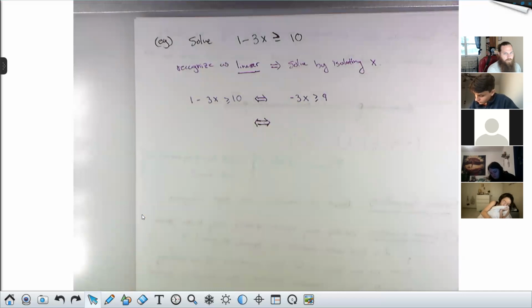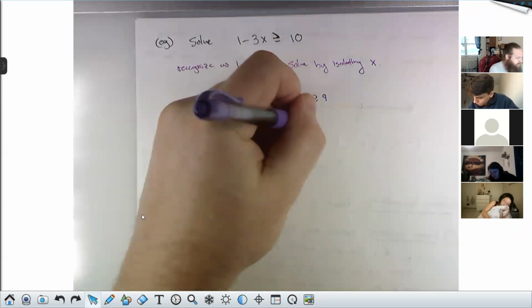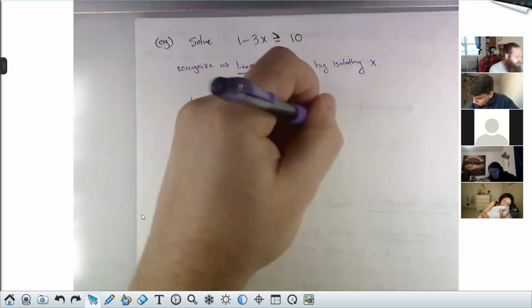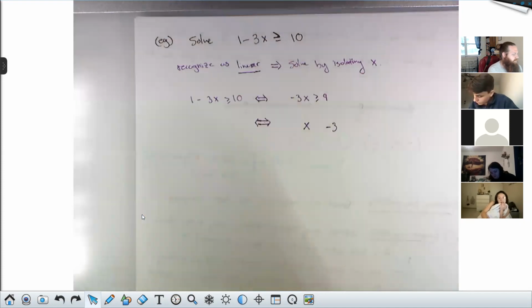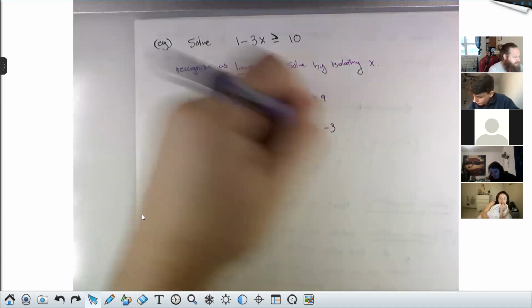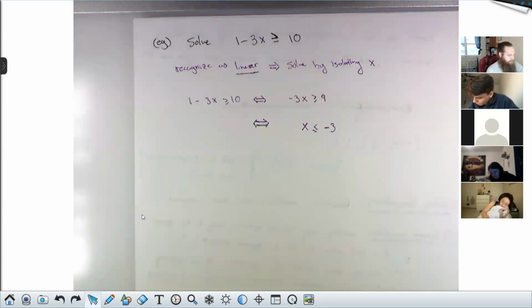Now, if I want to get x alone, I would divide both sides by -3. So on the left-hand side, I would just get x. On the right-hand side, 9 divided by -3 is -3 itself. And I just have to remember that when I divide or multiply by a negative, the inequality flips.